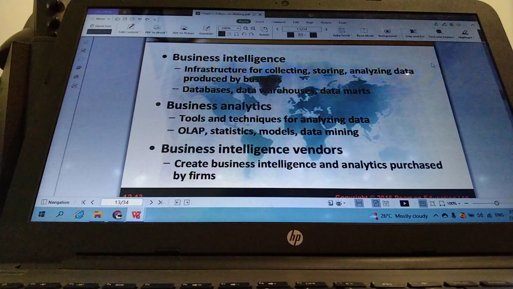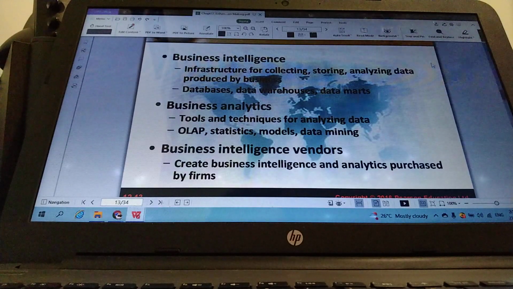BI. The next area, like I mentioned earlier, is known as business analytics: tools and techniques for analyzing data. For example, the online analytical processing, or statistical models. There are many models available which can be used for business analytics purposes.